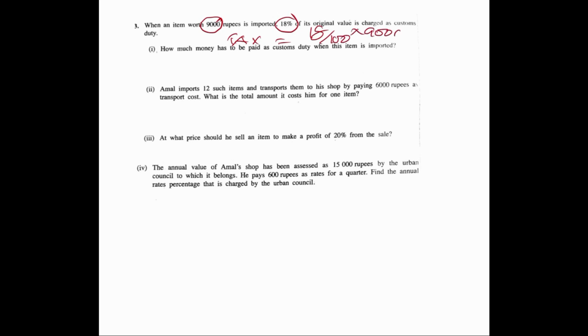So these zeros cancel. They only want the tax, so with two zeros gone, that is equal to 90 multiplied by 18, which is equal to 1,620 rupees.